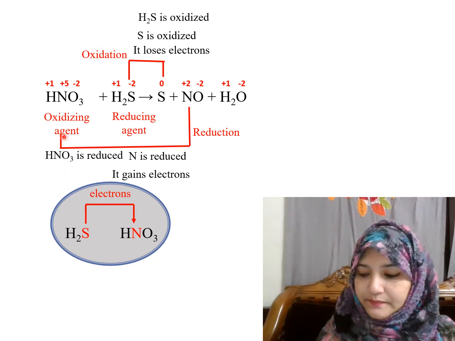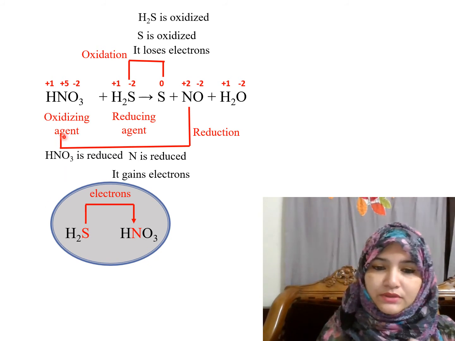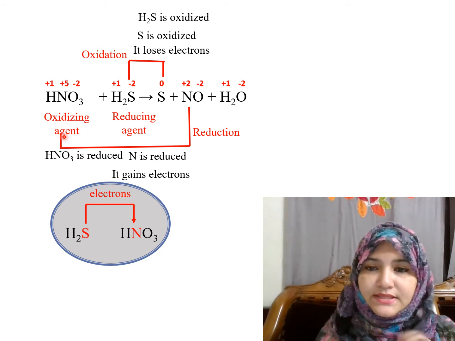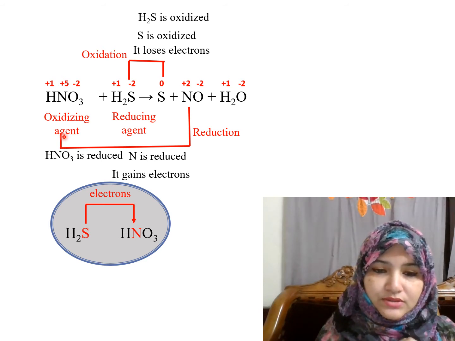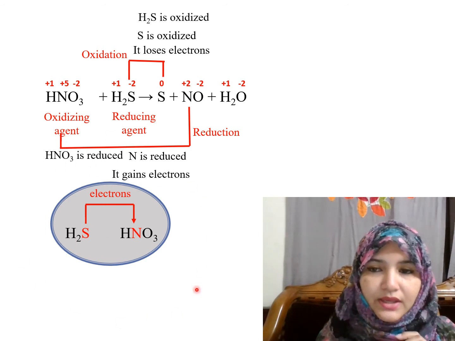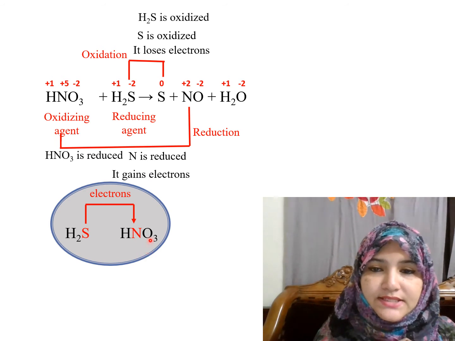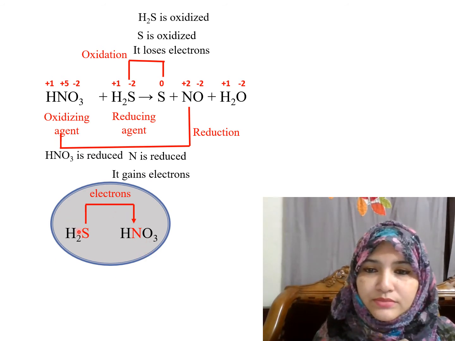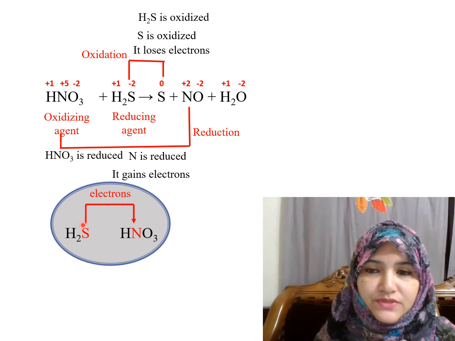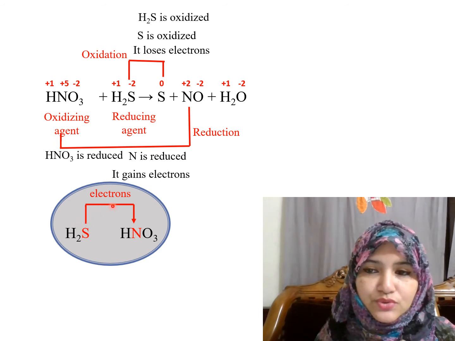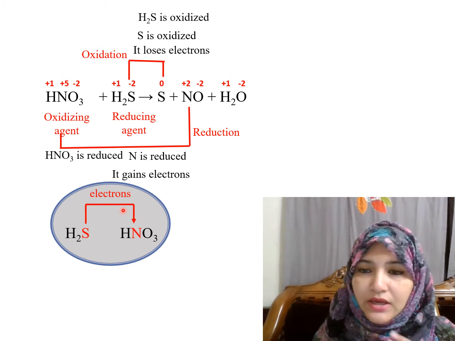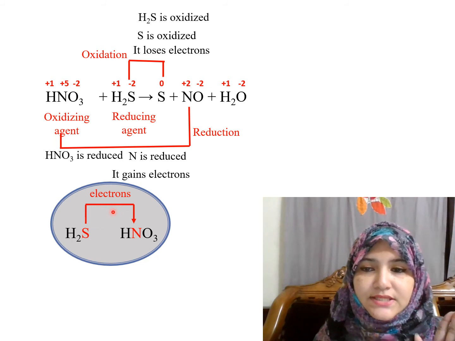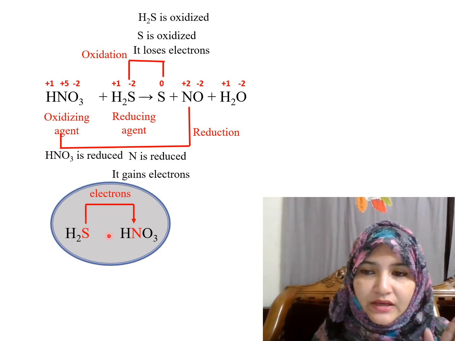Now we can sum up this concept with this simple diagram. The sulfur from hydrogen sulfide is giving electrons to the nitrogen in nitric acid. Now we have this information, and we can figure out the oxidizing and reducing agents easily.